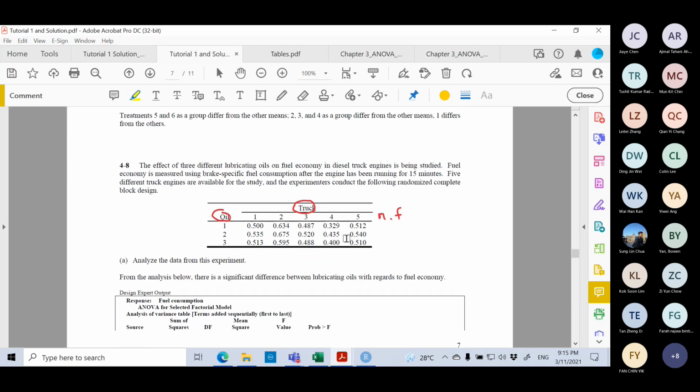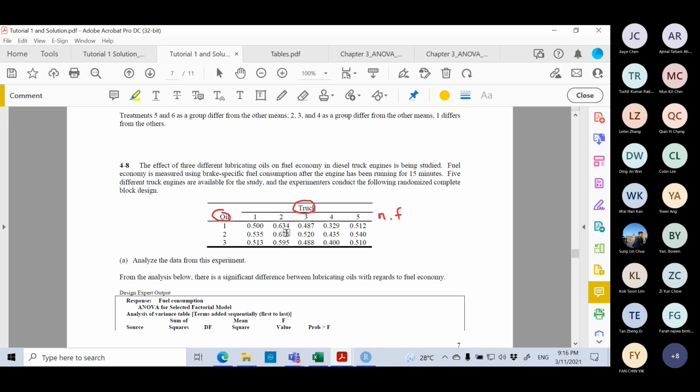When you want to do the randomization, of course, you will get the truck. The truck here consists of 3 observations. Before you have any measurement, under the truck number 1, you have different engines. Under the first category, you have 3 different engines.